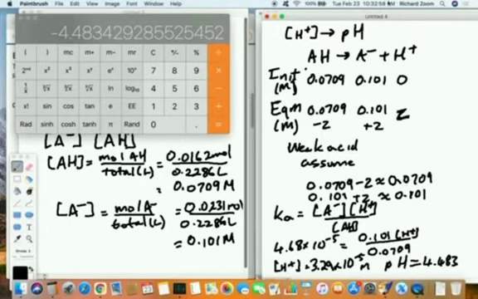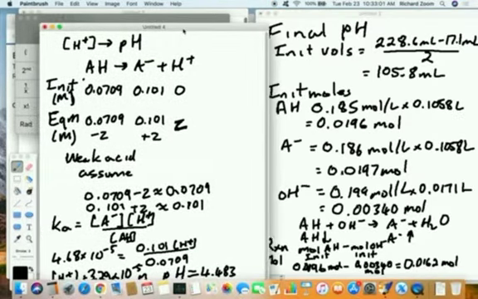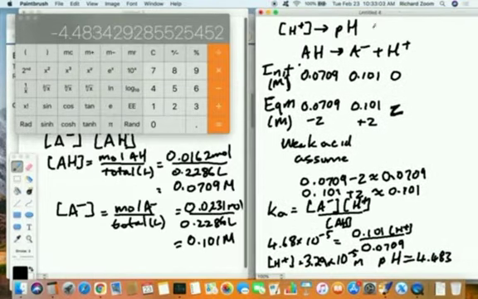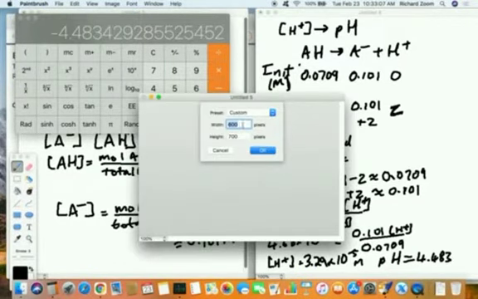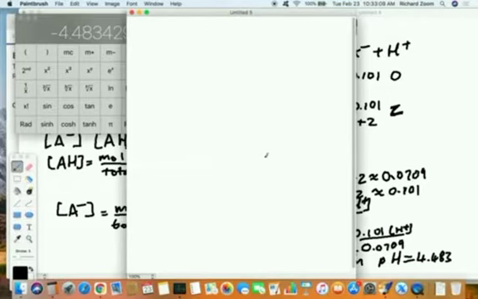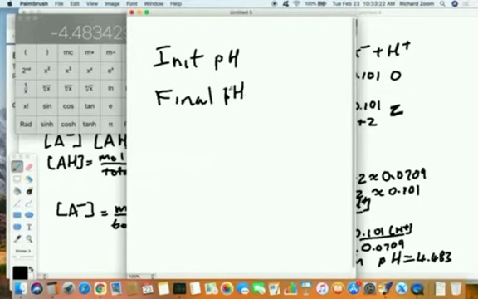Let's compare them. So the initial pH, and then the final pH. I think the initial was 4.332 if I remember rightly.